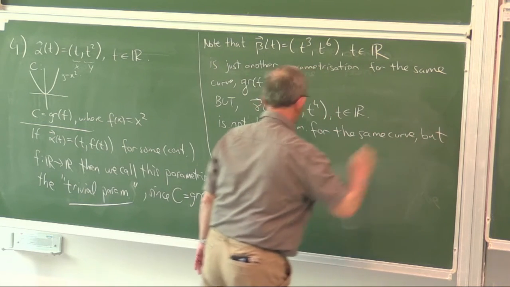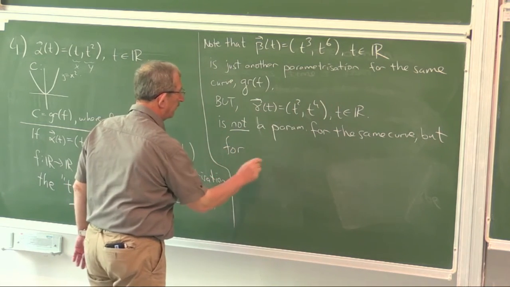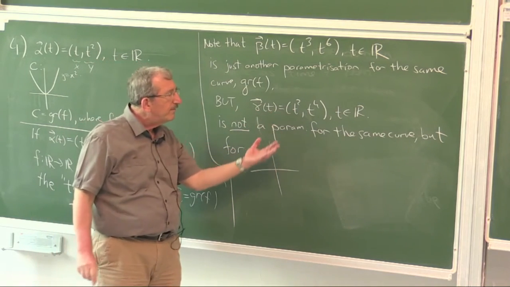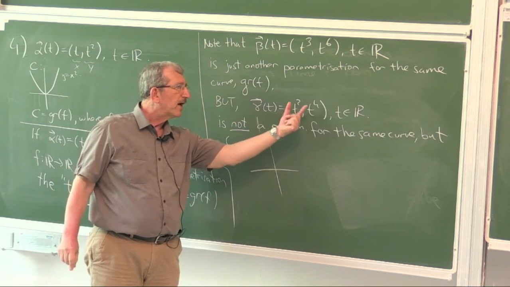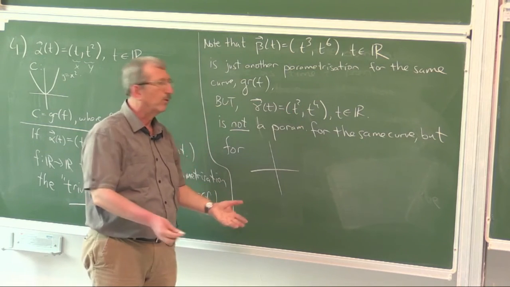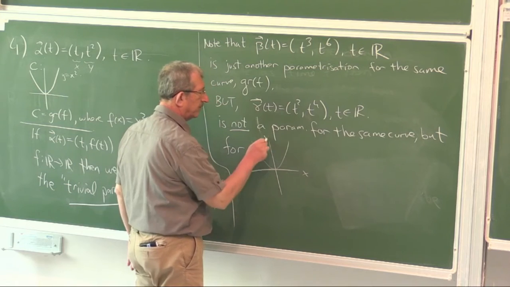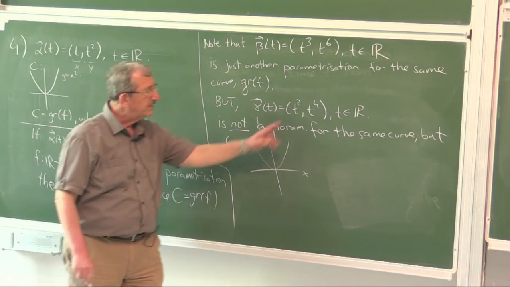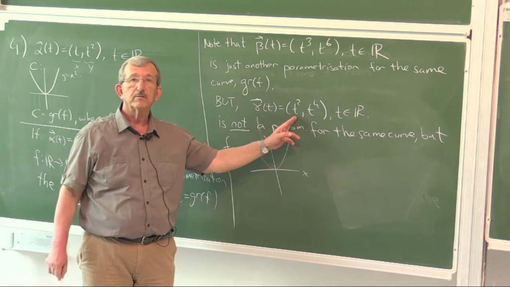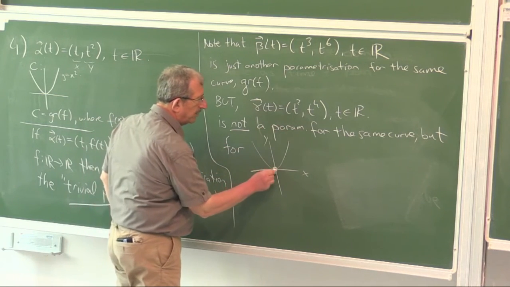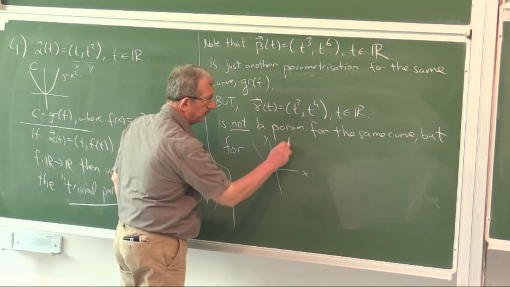But for the following curve. Well, what's the difference? Here we have x and y. Y is equal to x squared all the time, so it's the parabola. But x is never negative. It's t squared. So it's a parametrization for this one.